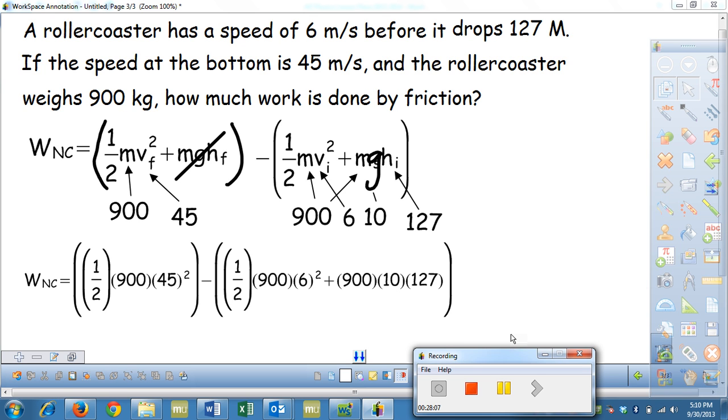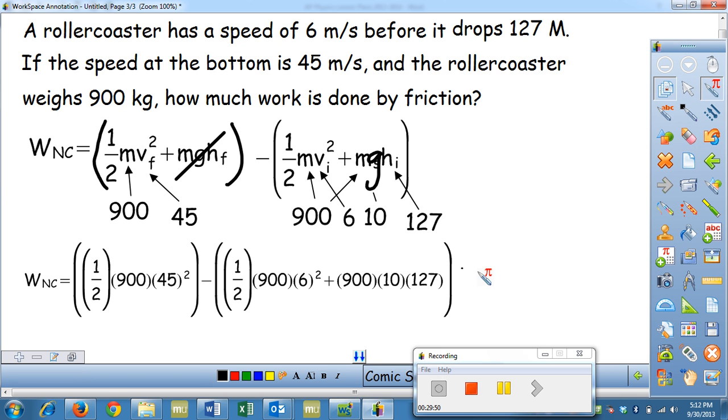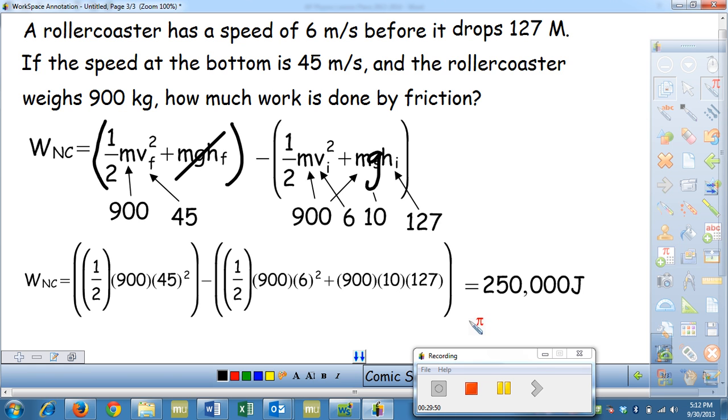I get 247,950 joules. I'll just call it 250,000 joules. So this is equal to 250,000 joules, also known as 250 kilojoules.